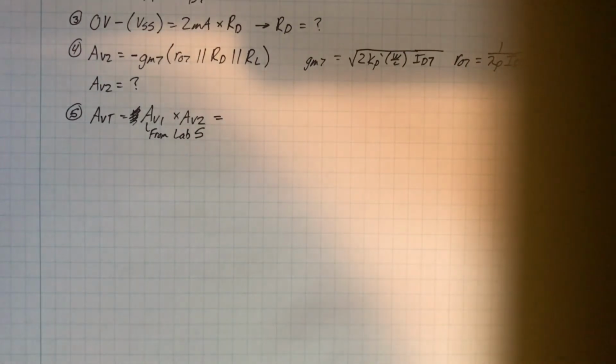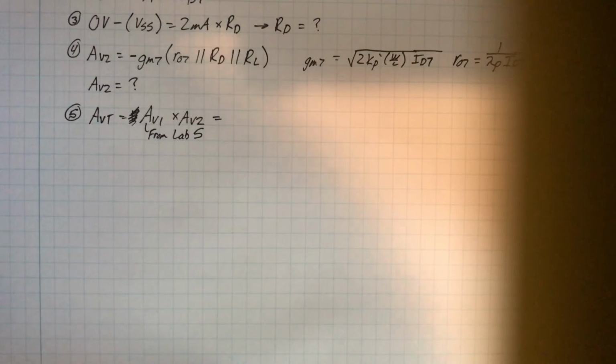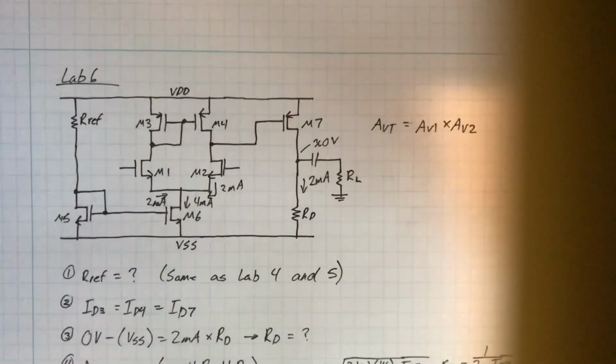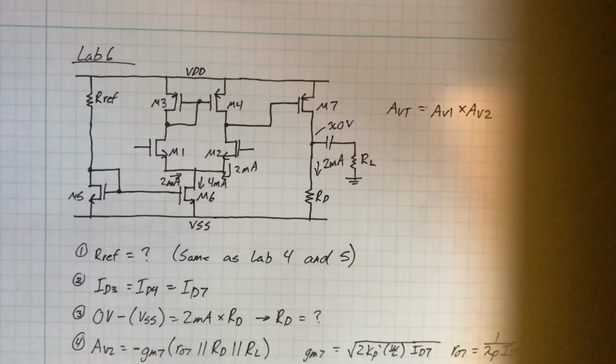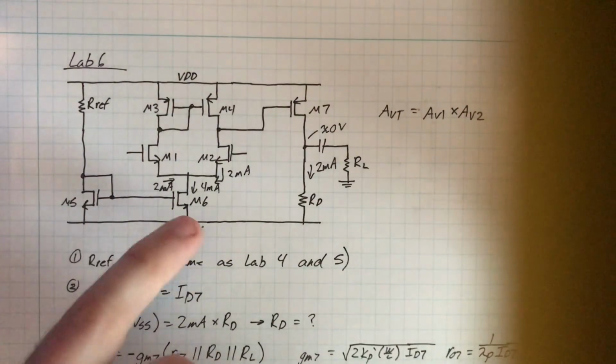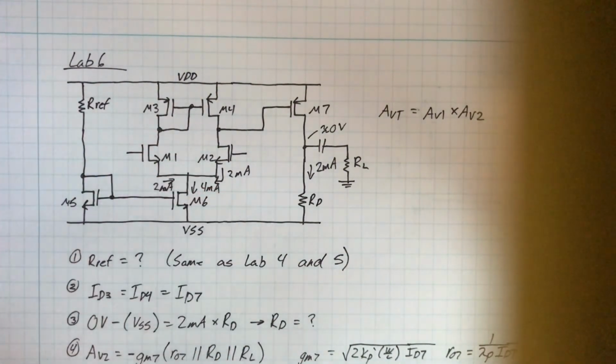And the last part is describe how you would modify this circuit to increase the voltage gain while keeping Vout close to 0 volts DC. If we look at this circuit, there's not really much we can modify here. All the transistors, you can't change the modeling parameters.